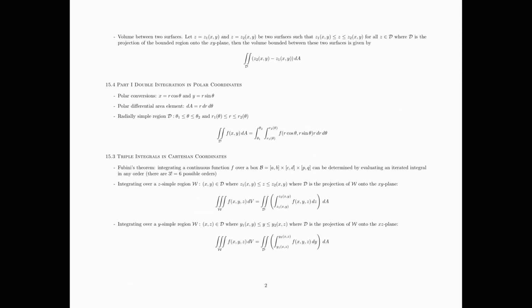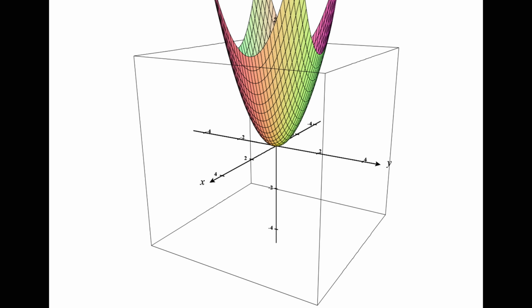Let's take a look at this visually to see what exactly I mean here. For instance, we could consider having two paraboloids. Here, let's take a look at a graph. We've got a paraboloid, something like z equals x squared plus y squared.